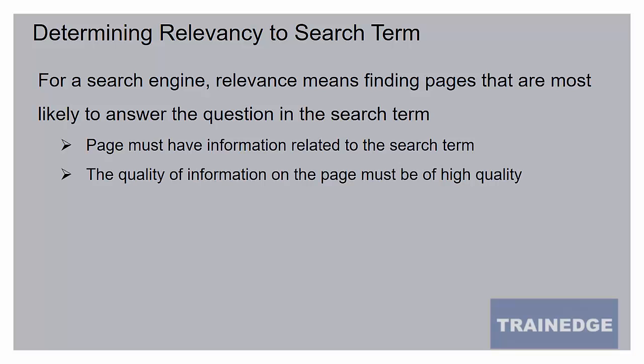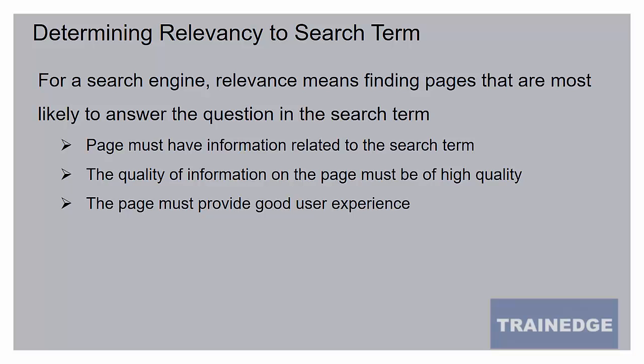and then it must determine the quality of information on the page. So, which pages have high quality information, so that the pages will be able to answer my question properly. And Google also looks at the user experience provided by the page.